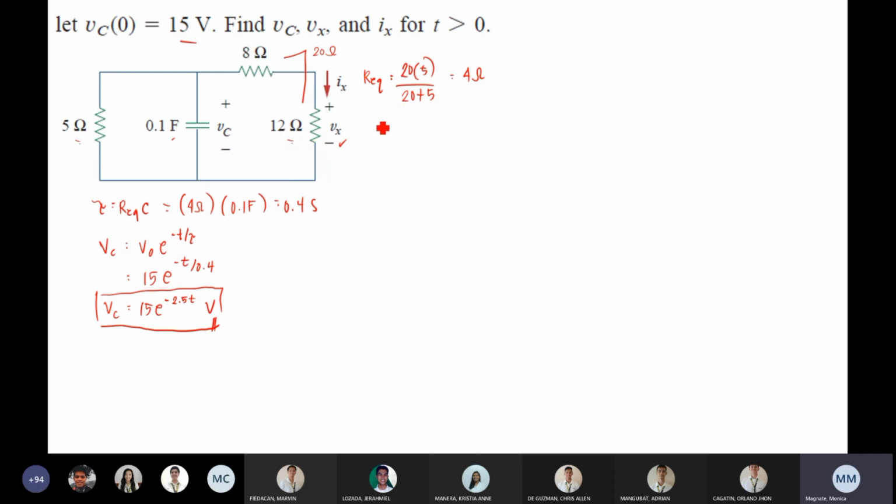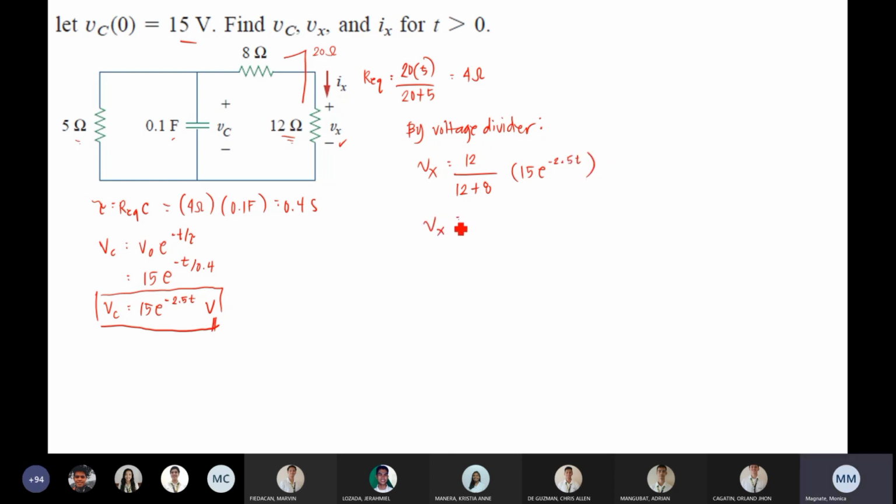So, pwede tayong gumamit ng voltage divider, no? Lagay natin by voltage divider. Yung V sub X natin ngayon equal sa 12 over 12 plus 8 multiplied by yung VC natin na nasolve, 15 e raised to negative 2.5t.